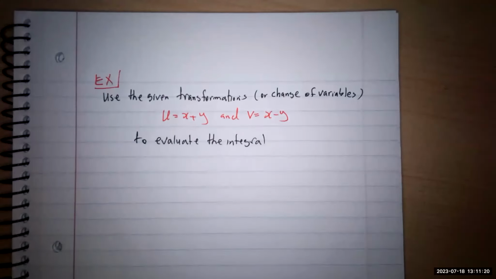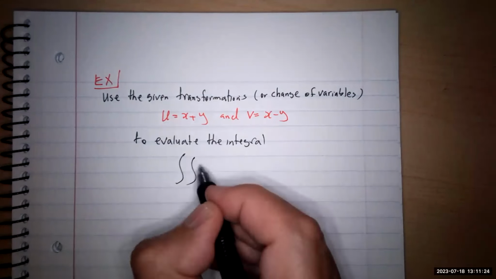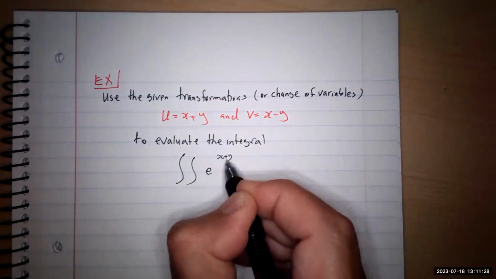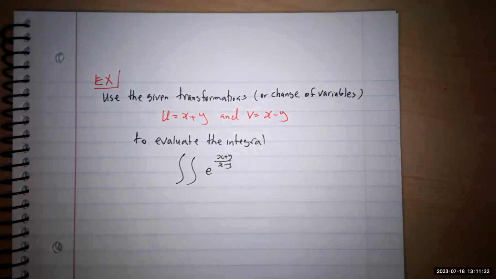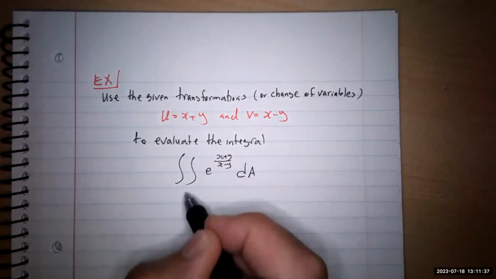And what's the integral? It's a double integral of e to the power of (x plus y) over (x minus y), dA, over the region R.